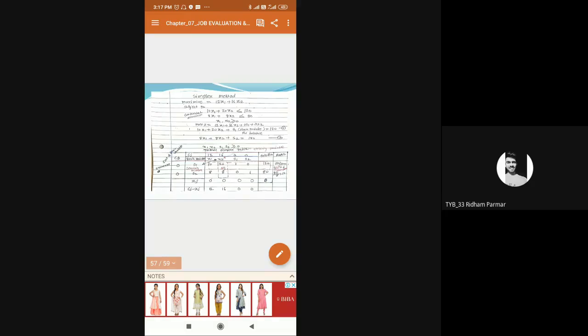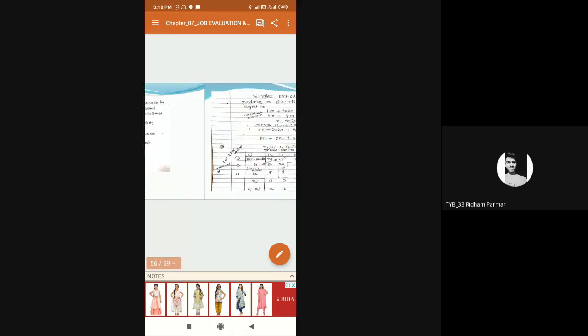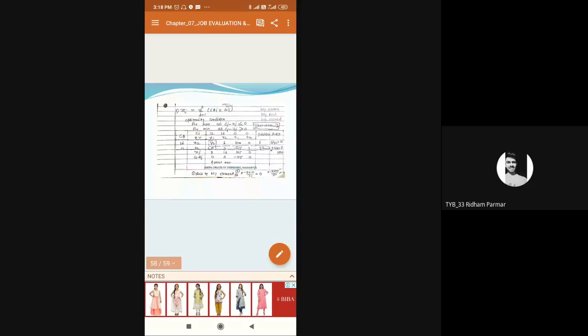So 80 minus corresponding row value 8 and corresponding column value 120 divided by key element. Whatever answer you get, that is your 30. So this answer is your 30. So like this you can calculate each value of the second row.